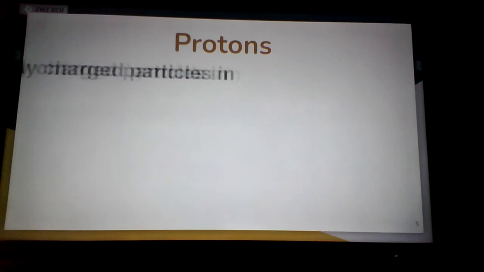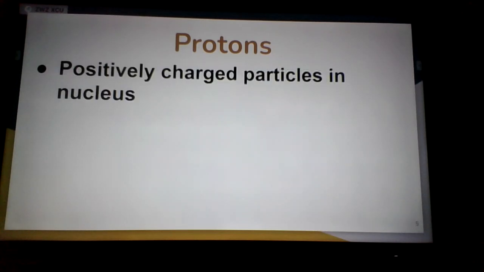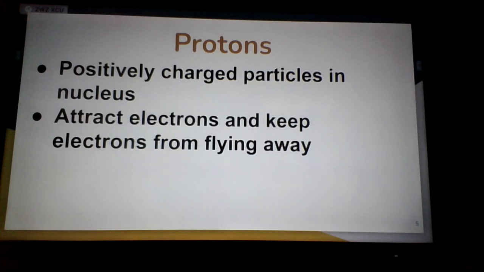Now let's talk a little bit about these protons, the positively charged particles in the nucleus. It is the number of protons that will determine the atom that we have. Now remember, protons are positive, electrons are negative. Since they're opposite charges, they're going to attract.